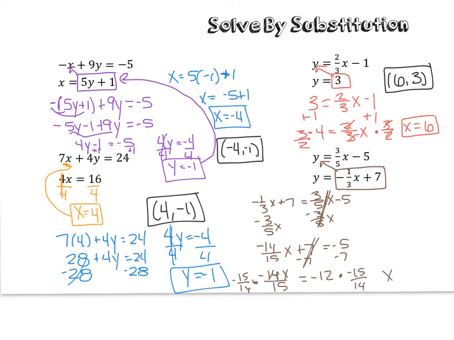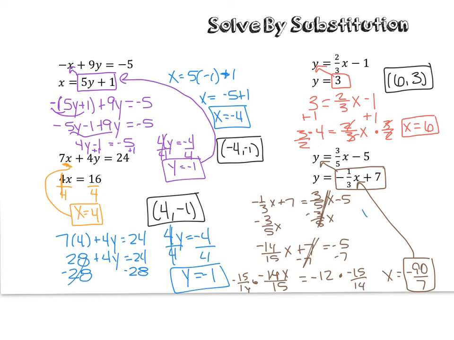And x equals negative 90 over 7. Like I said, I would use a calculator if I were you. Now it's ugly. It's okay that it's ugly. You can take this x and you can substitute it anywhere you would like to substitute it. I'm going to put it back into this equation.